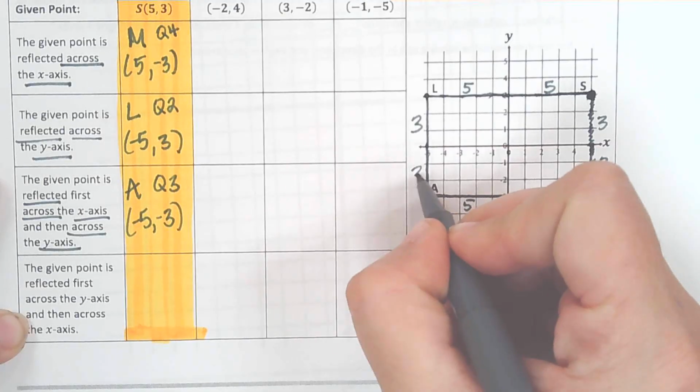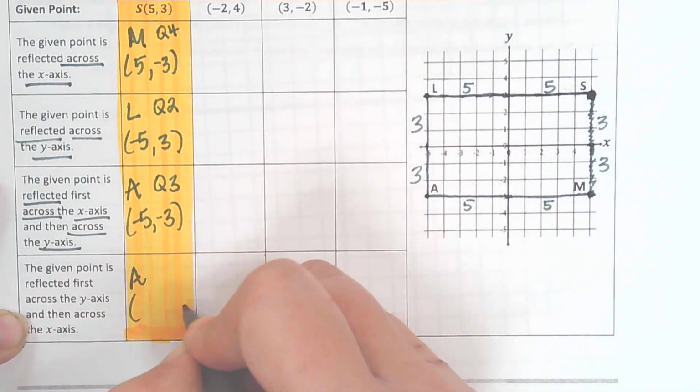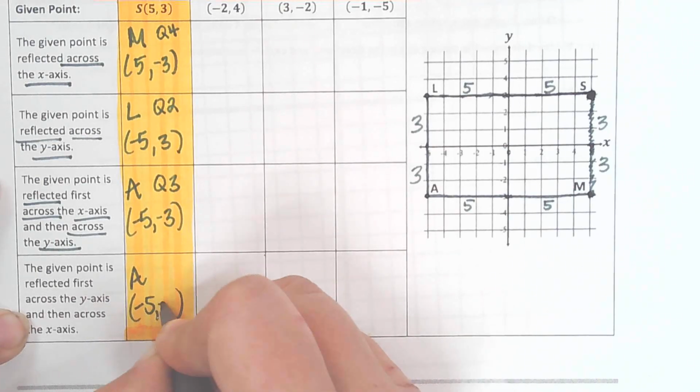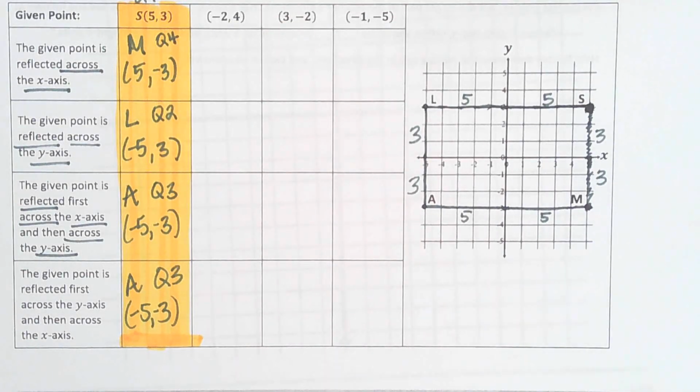And now where am I at? A. And we already know what A is. We just went a different direction, but we still ended up at the same point because they made us reflect twice.